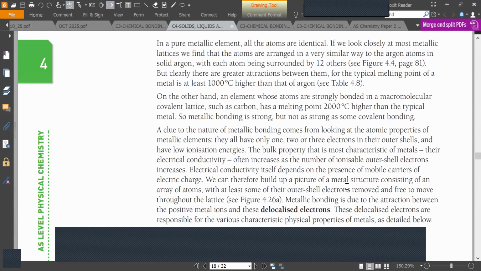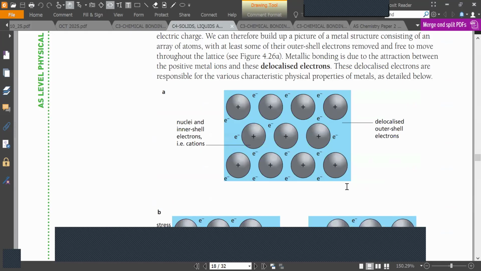So essentially, we just need to draw something like this. Positive cations in a sea of delocalized electrons. So we just need to show this. This gets asked quite often.